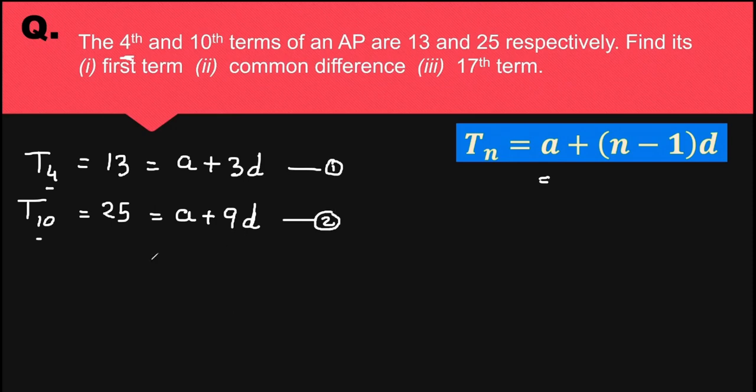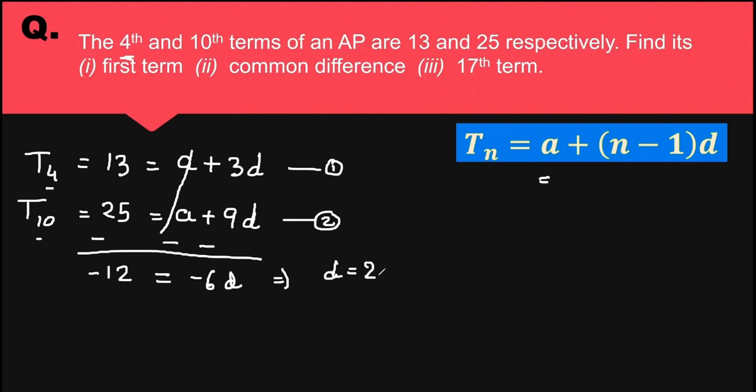We can solve these two equations simultaneously, and here the coefficients of a are the same, so we can eliminate a from both equations by subtracting. If we subtract, a gets eliminated: 13 minus 25, that is negative 12, equals 3d minus 9d, that is negative 6d, and that gives d equals 2.